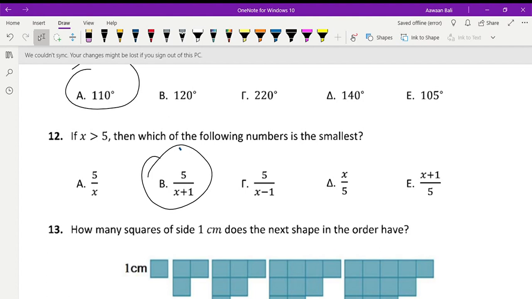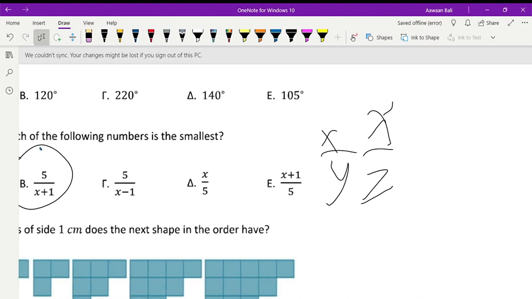If we have the same numerator, like x upon y and x upon z, and y has a smaller denominator, then it's a bigger fraction. And if z has a bigger denominator, then it's the smaller one.